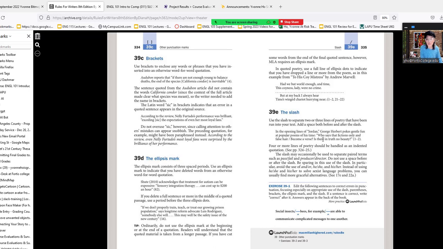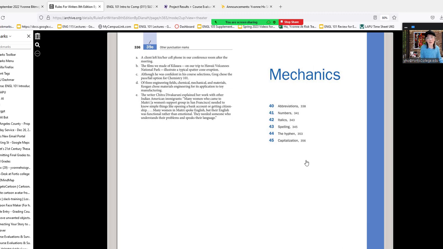"Who says that fiction only and false hair / becomes a verse? / Is there, in truth, no beauty?" Four or more lines of poetry should be handled as an indented quotation. If you're just going to study social sciences and business, you don't have to worry about the slash if you're not going to be writing quotations.